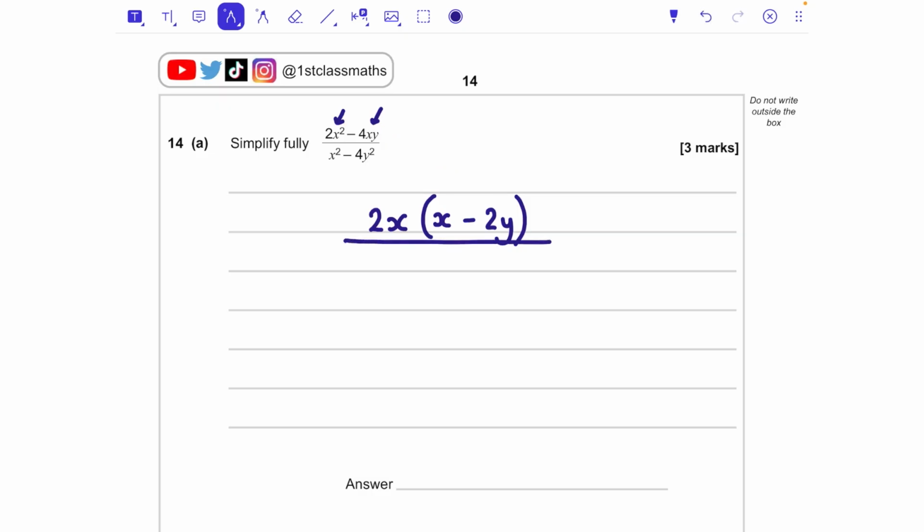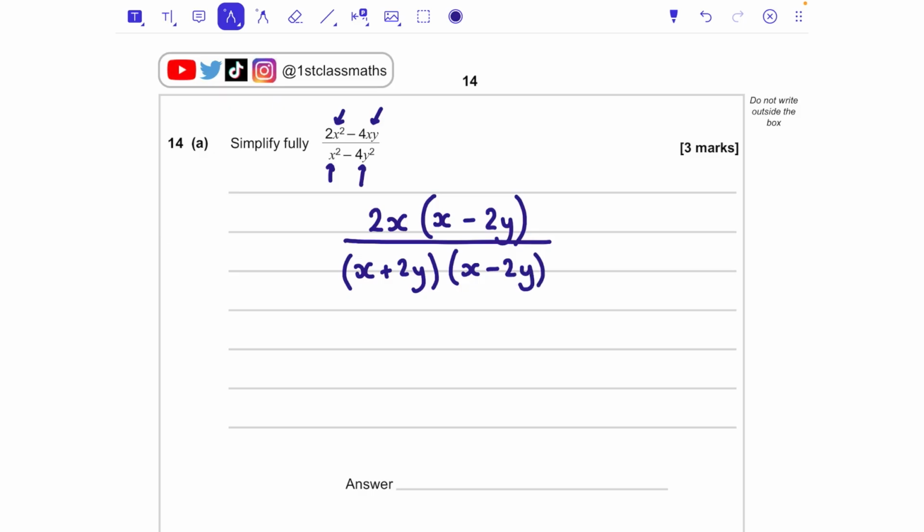Now, on your denominator, I've got x squared, and I've got minus 4y squared. And they don't have anything in common to both terms, but we notice that they're both square numbers, and they're being subtracted. Therefore, this is going to be the difference of 2 squares. So my first bracket is going to be x add 2y, and my second bracket is going to be x minus 2y. You can write those either way around, it doesn't matter.